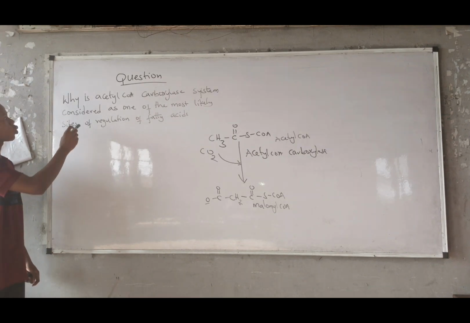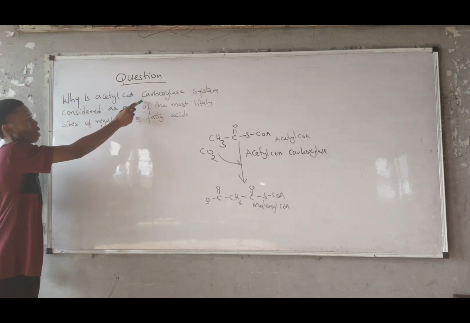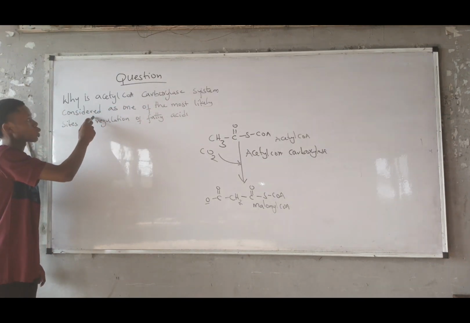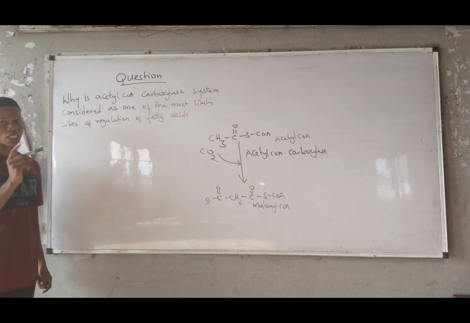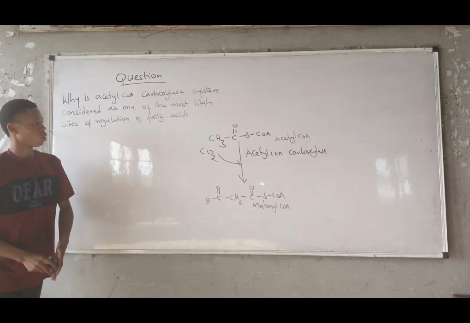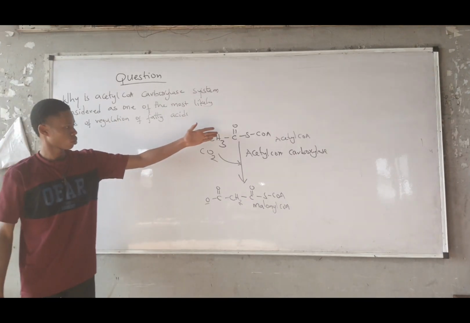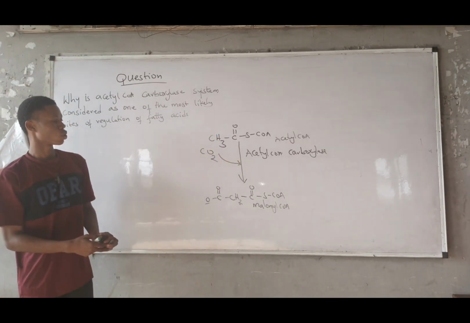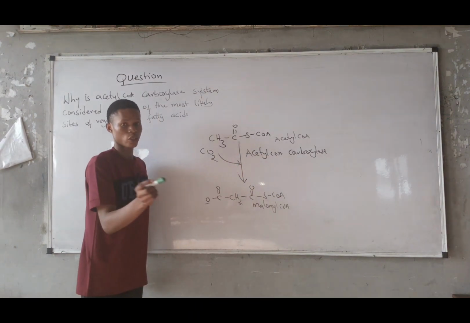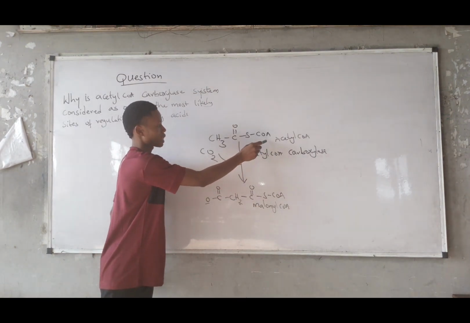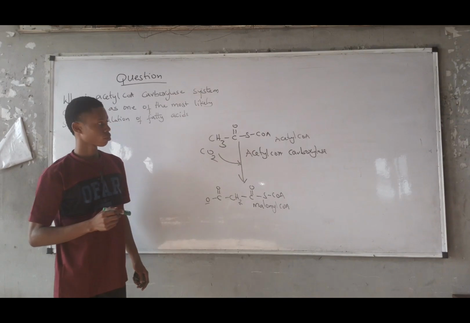The question says, why is the acetyl-CoA carboxylase system considered as one of the most likely sites of regulation of fatty acids? From the previous question, which is still on the board, we saw that acetyl-CoA carboxylase catalyzed the reaction from acetyl-CoA to malonyl-CoA.